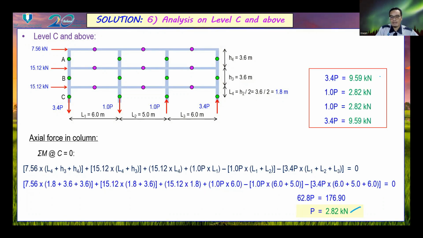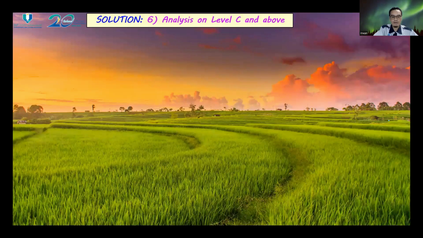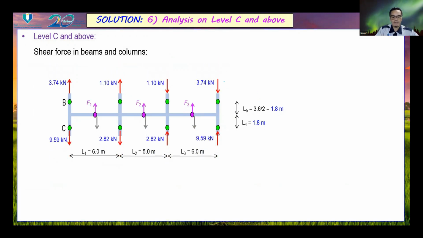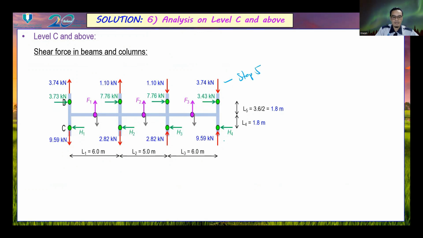And this is the axial load for all columns. Then we draw the diagram as this one. This is from previous steps. This is from step number 5. This is from previous calculations, and this is also from step number 5.